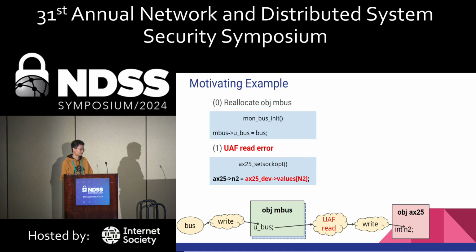How can the attacker exploit this vulnerability? He needs to reallocate an object named mbus. This object is allocated on top of the freed object. Therefore, when the UAF read occurs, the field ubus is read out and finally copied to object x25 field n2.